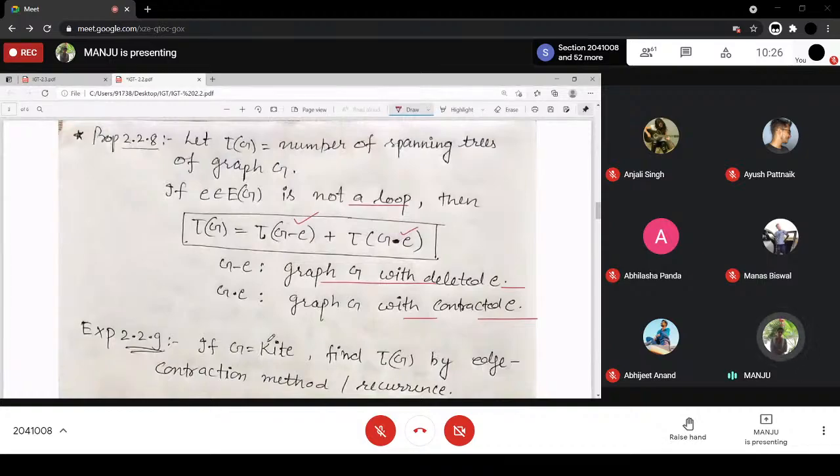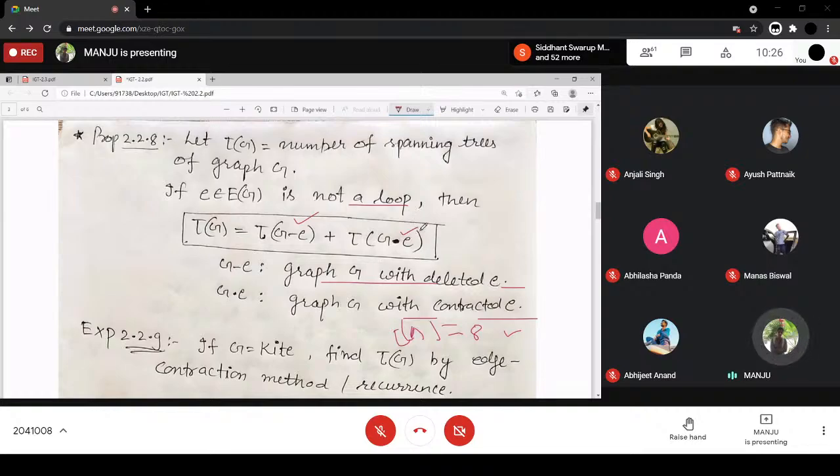Now for the kite, we already know that tau of G, where G is the kite, will be 8, no? Now find this number, that is, find tau G, the number of spanning trees, by the edge contraction method.